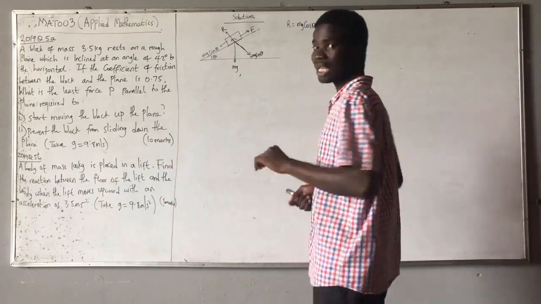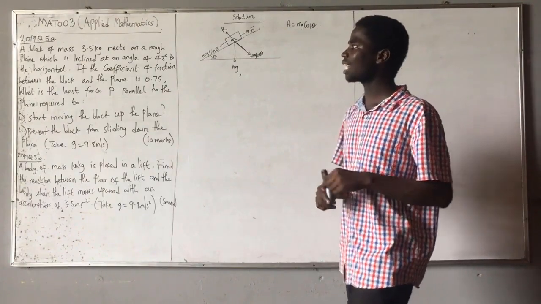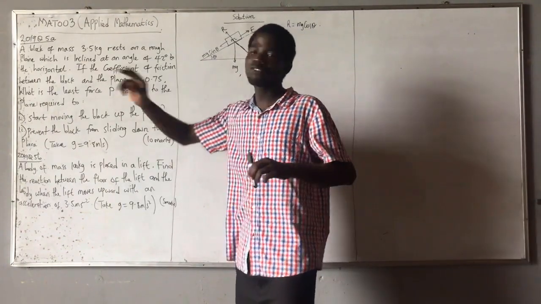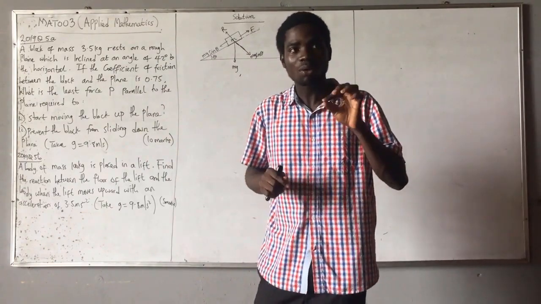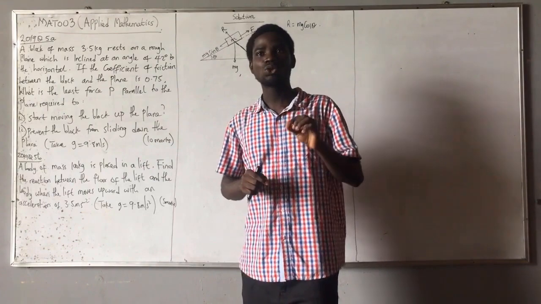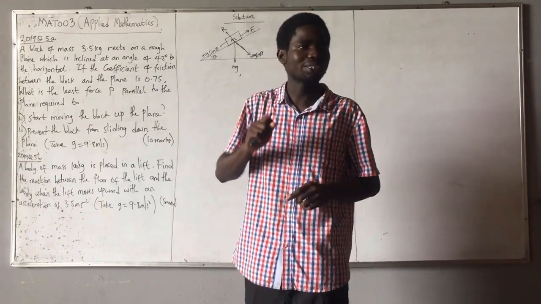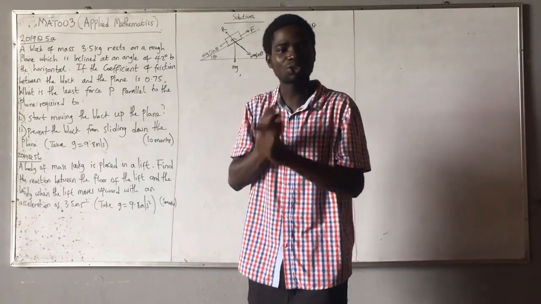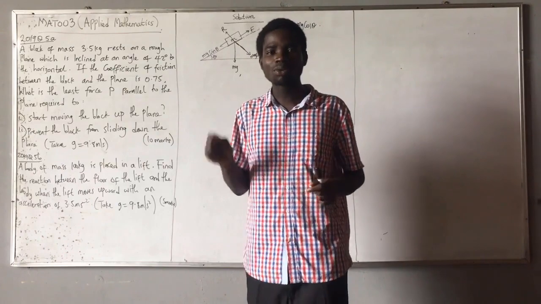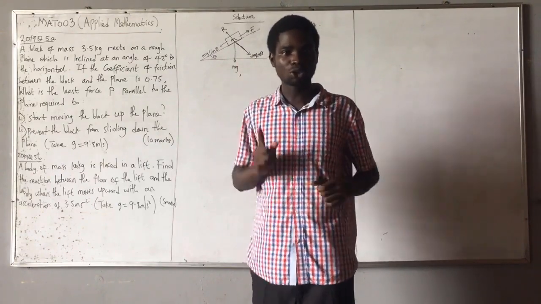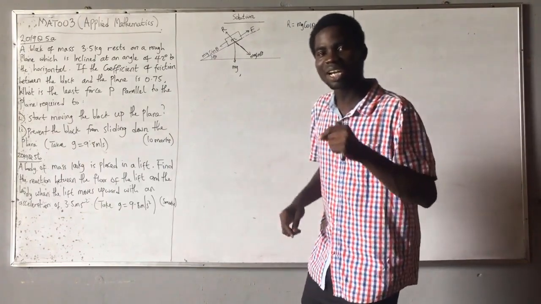Now, what happens next is that if we are talking about a rough surface, what should come to your mind is friction. There must be friction, coefficient of friction or frictional force. And don't forget, friction opposes relative motion. So what am I trying to say?